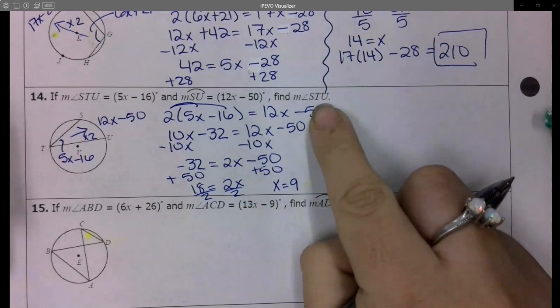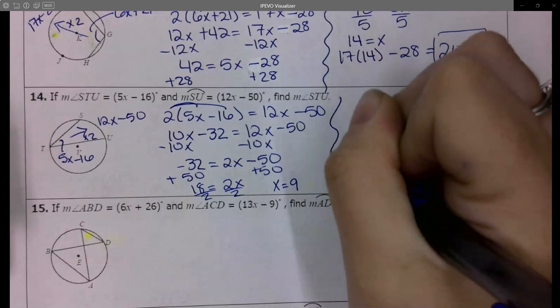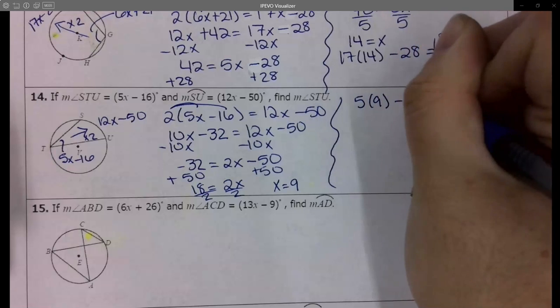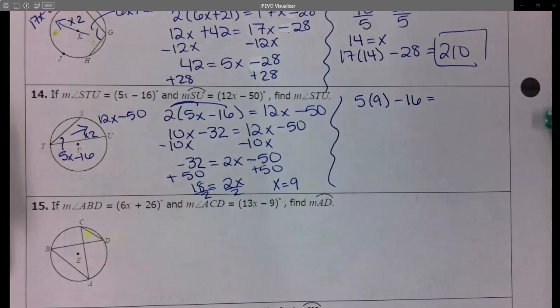Just like before, it wants me to plug in. This time I'm plugging into the angle. So I'm going to have 5 times 9 minus 16.